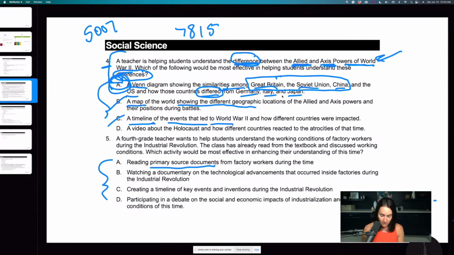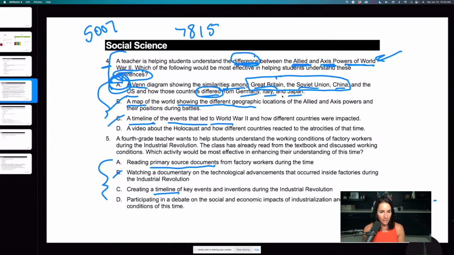Watching a documentary on technological advances that occurred inside factories. Again, watching a documentary, watching a video, not always the right answer. Sometimes, sure, but I'm going to cross it off. It's not as good as reading primary source documents. C, creating a timeline of key events and inventions during the Civil War. Timeline's a good word. We use timelines in social studies. I still like primary source documents the best, but we'll see.